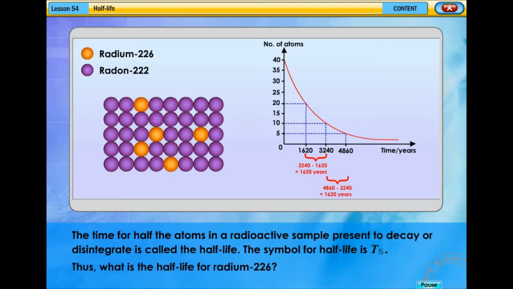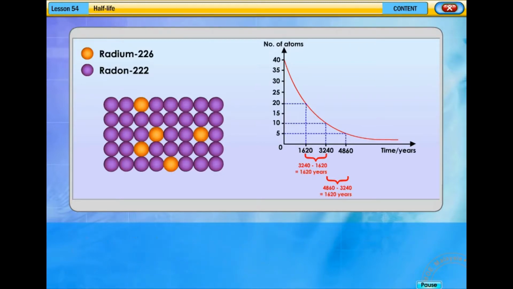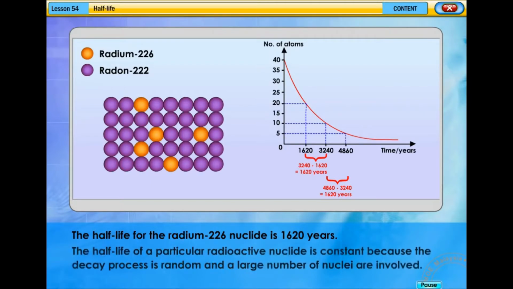Thus, what is the half-life for radium-226? The half-life for the radium-226 nuclide is 1,620 years.